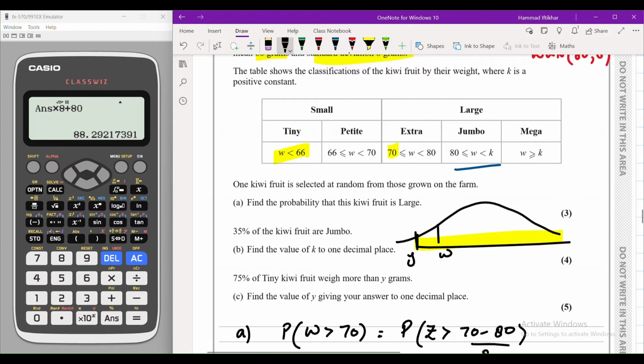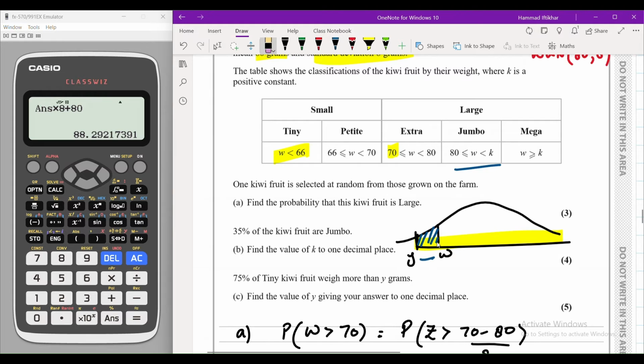The area between the y value and w value, in proportion of the tiny, given that they were classified as tiny, is 75%. So between y and w, given that the fruit is less than w, that is 75%. Find the value of y, giving your answer to one decimal place.